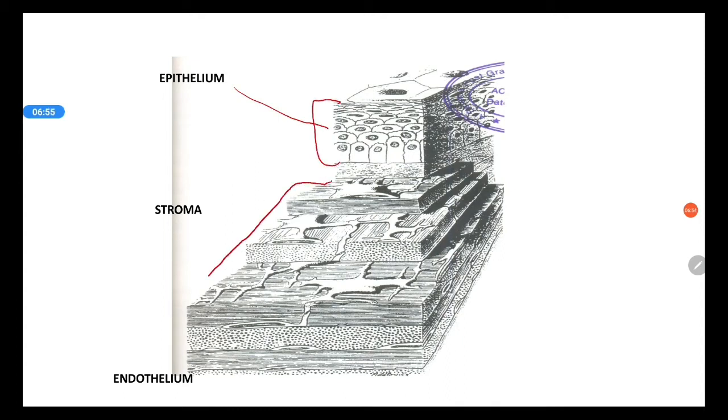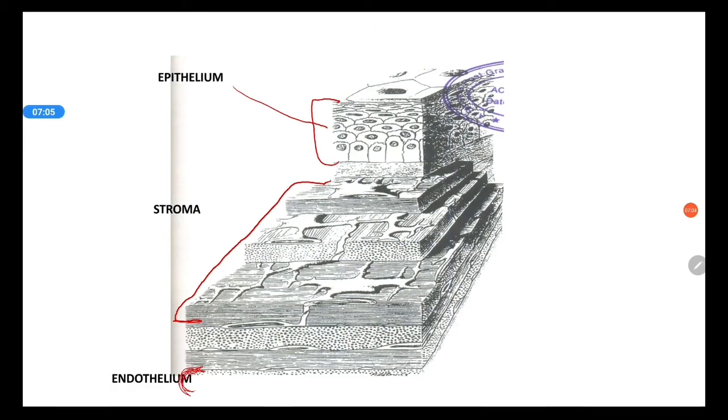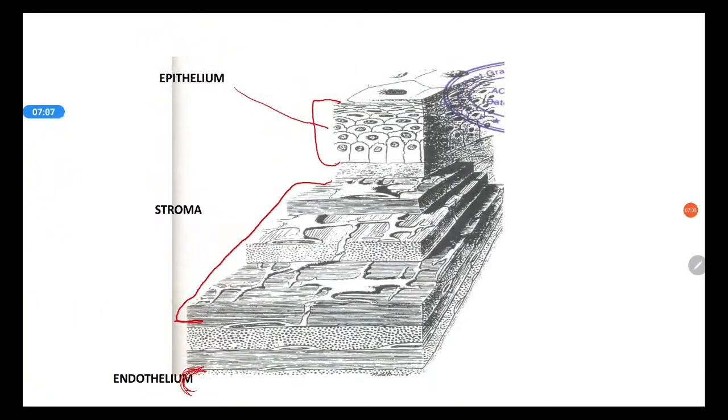This segment belongs to the stroma, and this tiny layer here represents the endothelium. In between, you have two layers, that is the Bowman's layer and the Descemet's layer.